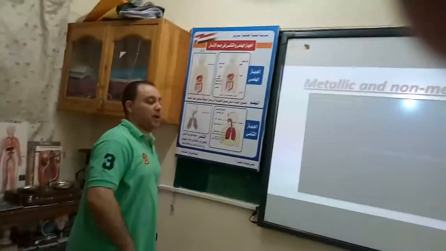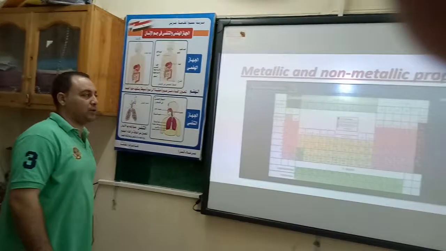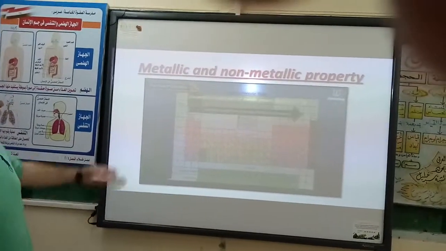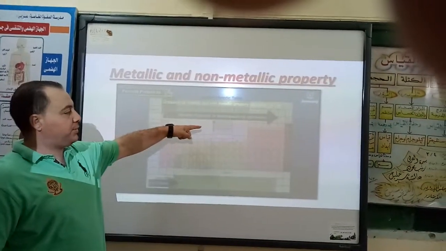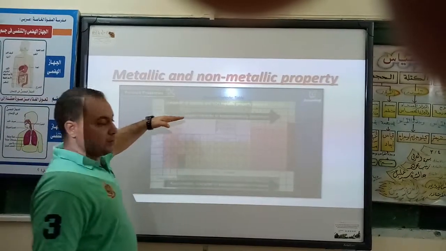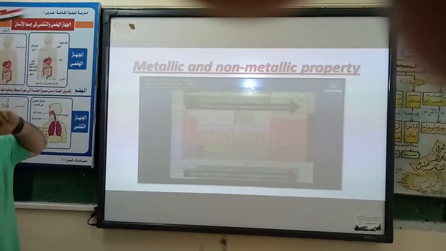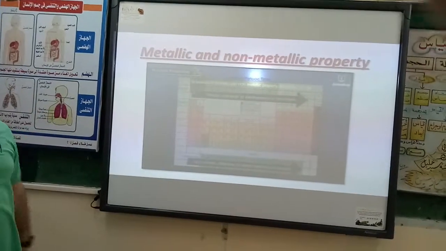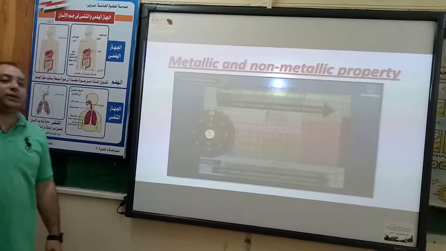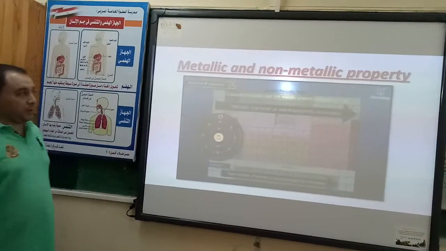Gradation of metallic and non-metallic property in period and in group. In a period, what happens? Metallic property in period decreases. Why does it decrease?